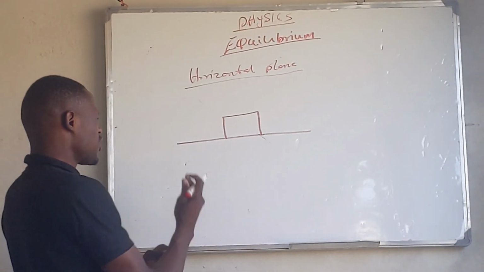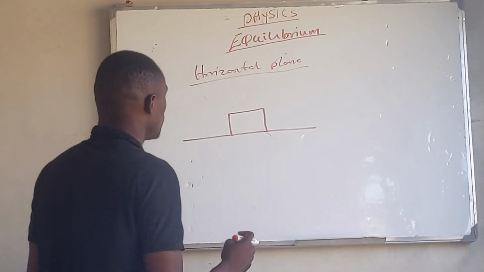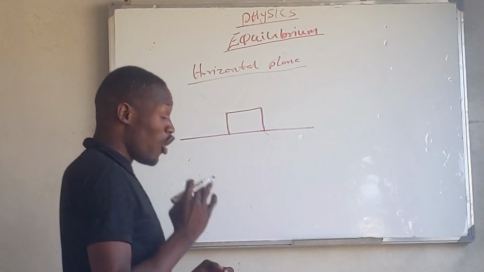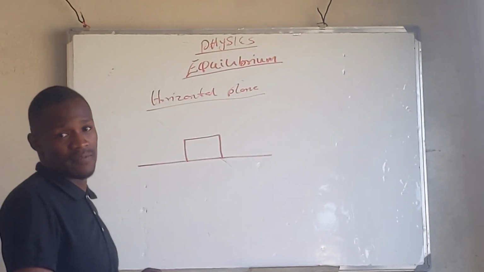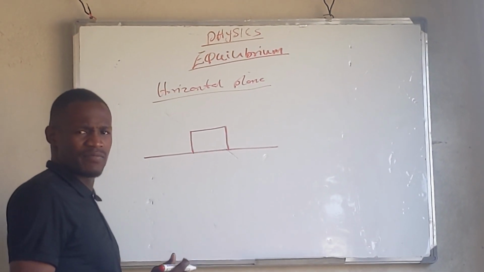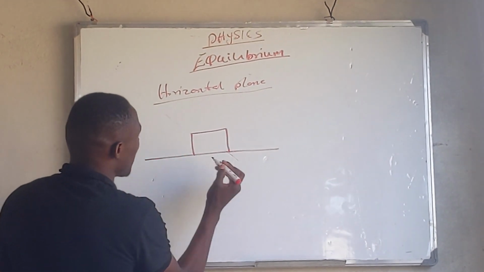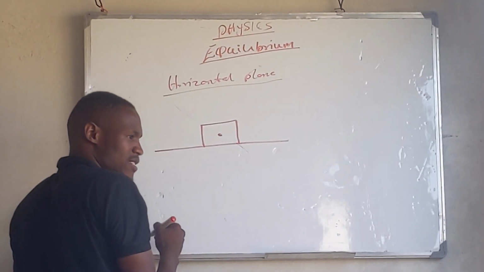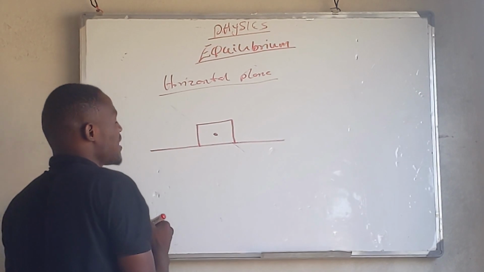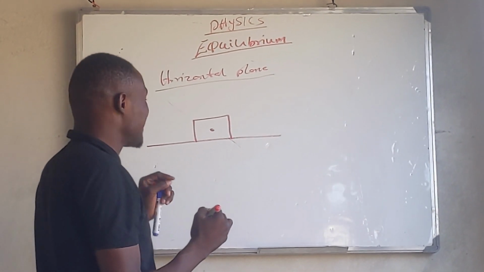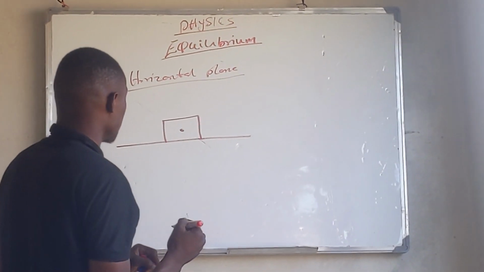Now, this object can neither move in any of these directions. It means that all the forces are balanced. In this case, what forces are they? Number one, we need to understand that this object has got a center of mass where all the masses or all the forces of that object are at.